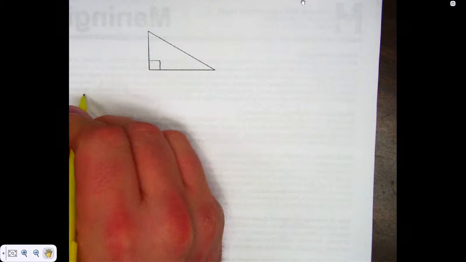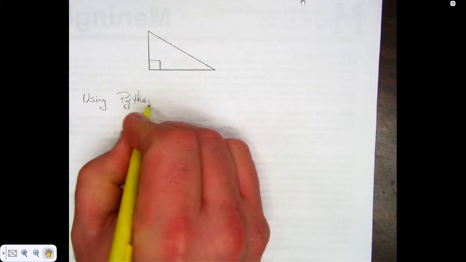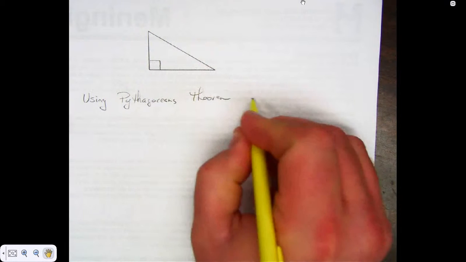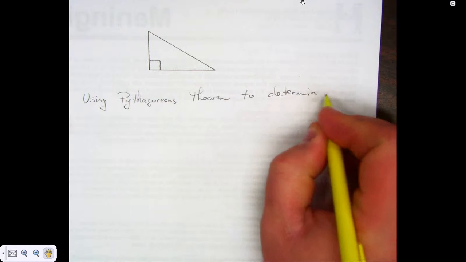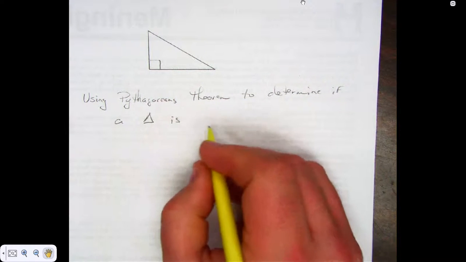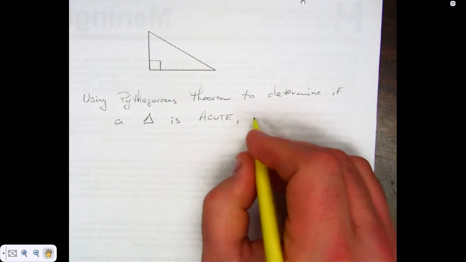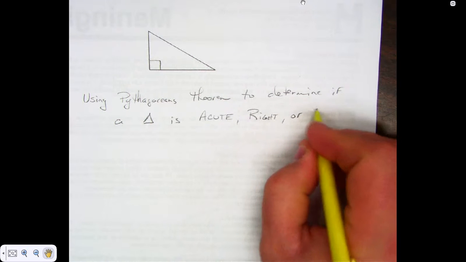What we're going to talk about now is using Pythagorean's theorem to determine if a triangle is acute, right, or what do you think's left?